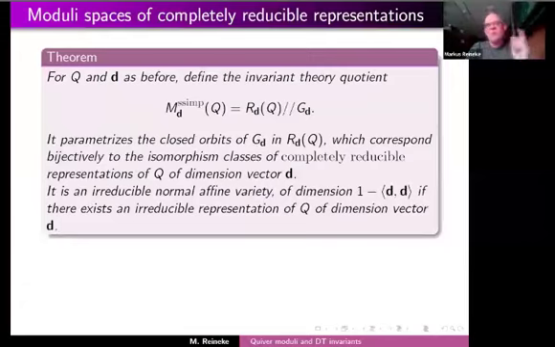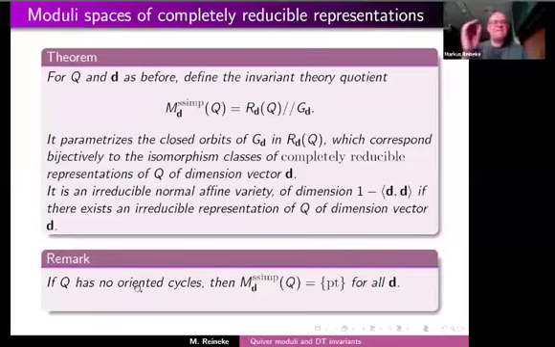Usually, if you hear about moduli spaces of quiver representations, people will talk about stability and moduli spaces of stable representations. I'm not talking about this here. I'm talking basically about zero stability. But let me make a remark. If the quiver has no oriented cycles in it, then the moduli spaces I'm defining here always reduce to a single point, which might look a bit boring.